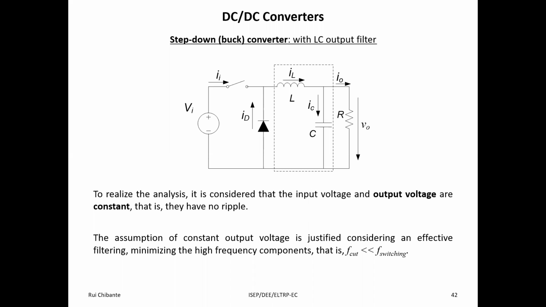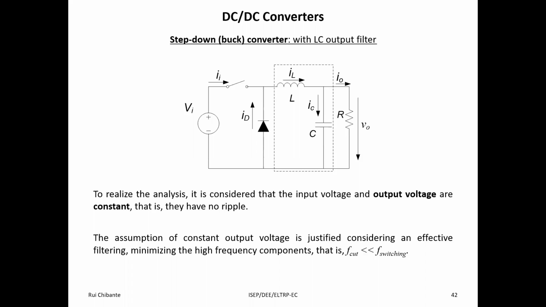So that's why we get a constant output voltage, in the sense that the DC component passes from the source to the output, and all other frequencies are eliminated by the filter.